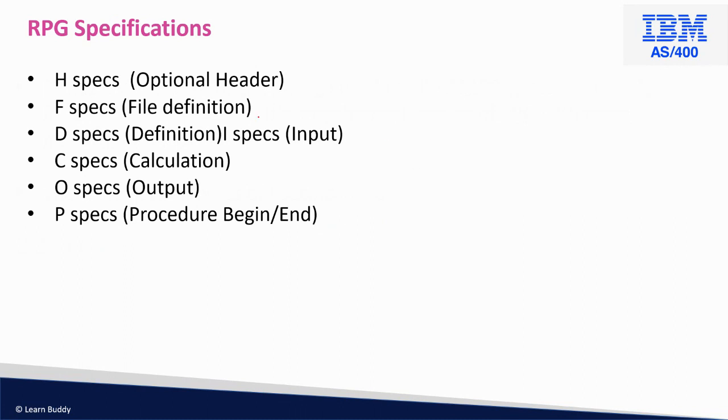In that case, you first use the F specification, then the C specification. You should not use a C specification first and then an F specification second. That is not correct. Okay. So you should follow the syntax, and if you don't want any specification, you can avoid it, but you should follow this sequence. Okay. And what is the use of each specification?